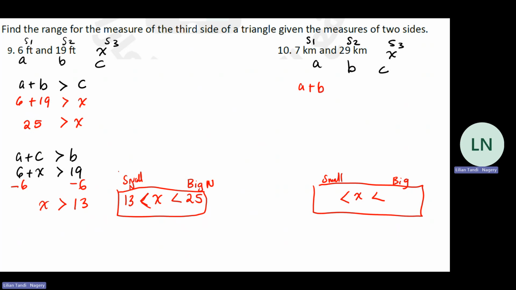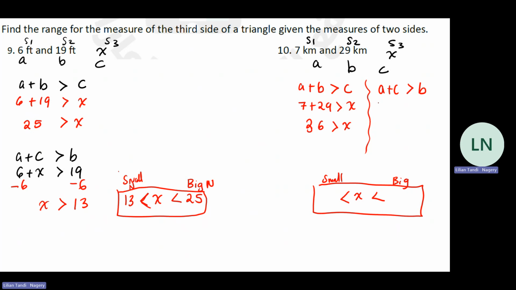A plus B is greater than C. And over here we will do A plus C is greater than B. A plus B is 7 plus 29, and C is x. Okay, this should be 36. Yes. 7 plus 29 is 36. 36 is greater than x.